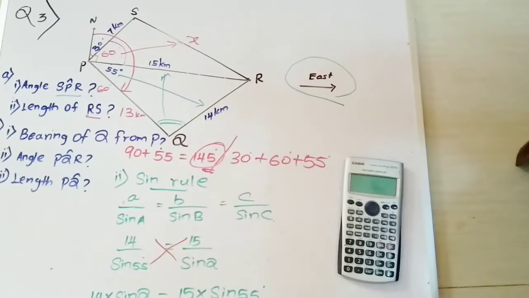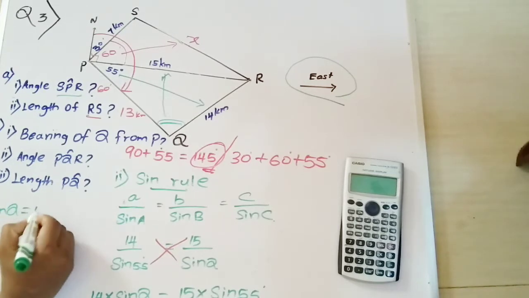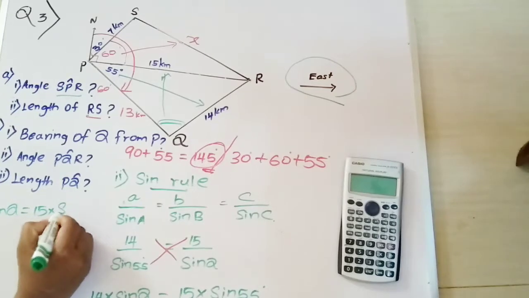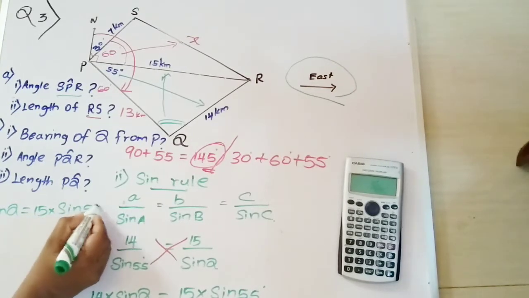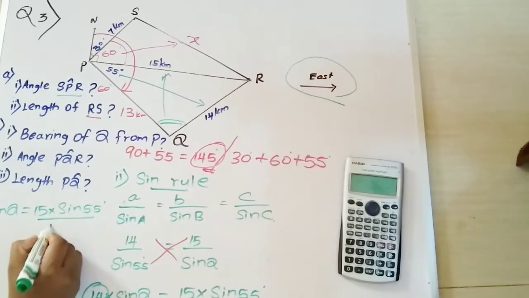Make sine Q the subject. That's the unknown here. It's multiplying with 14 on this side, so when it comes to the other side, it will divide. Sine Q is equal to 15 into sine 55 divided by 14.